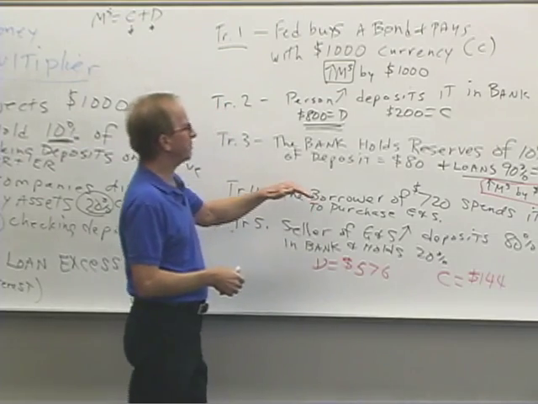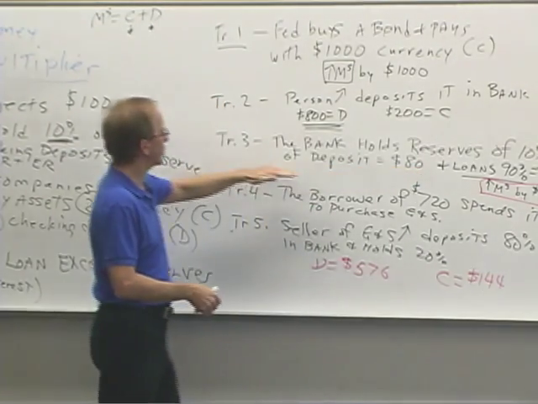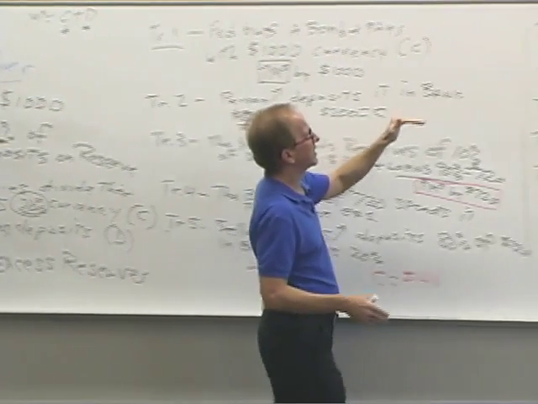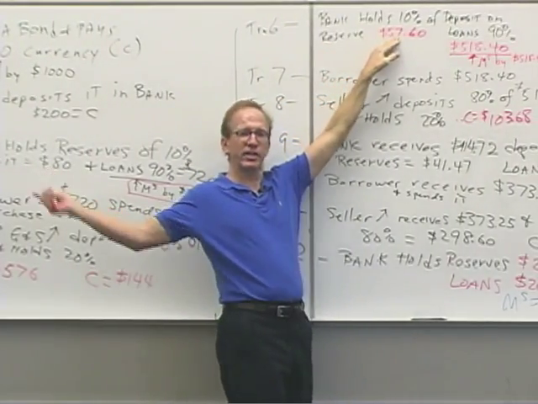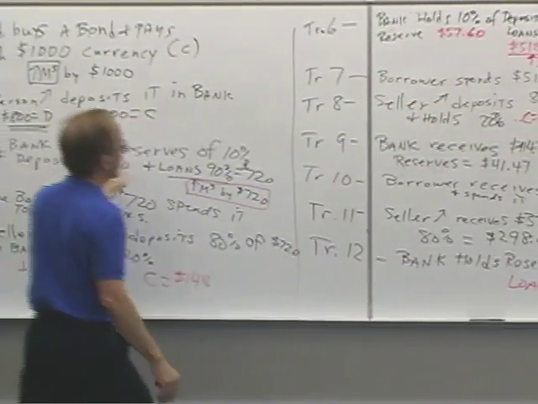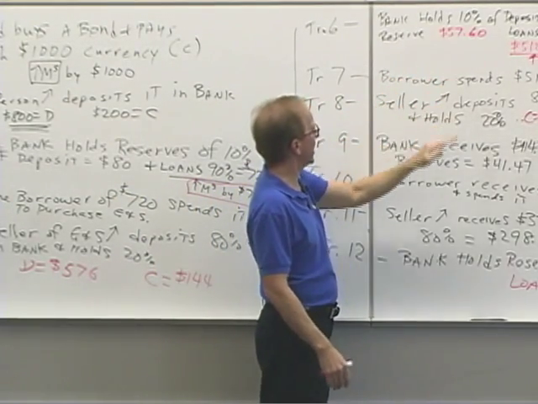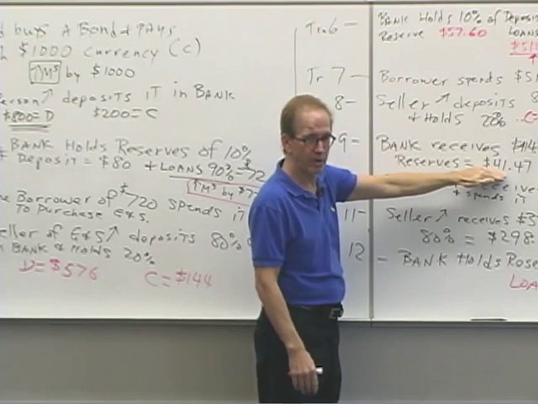So, for example, there's the bank holding reserves of $80 in round 3. If we go 3 rounds later from transaction 3 to transaction 6, this is 80% of the $80, and 72% of that is this. And then if we go to transaction 9, 72% of 5760 is 4147.